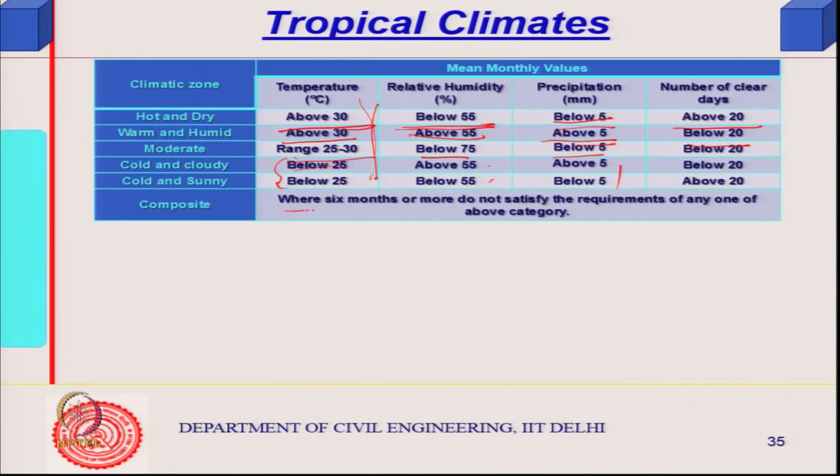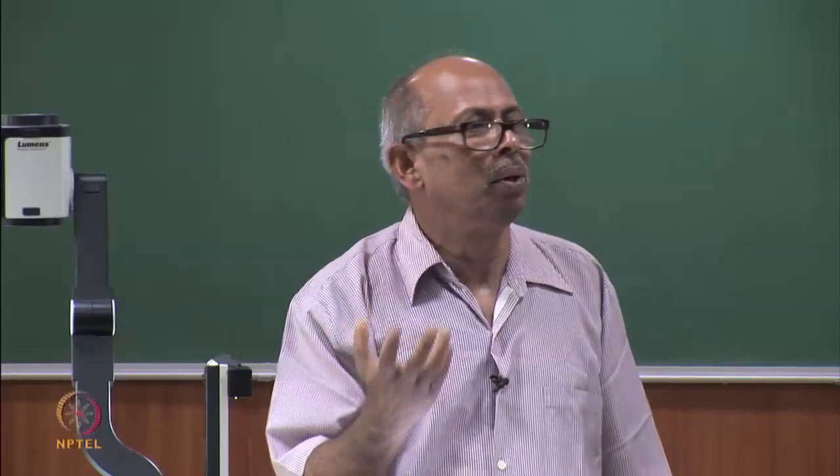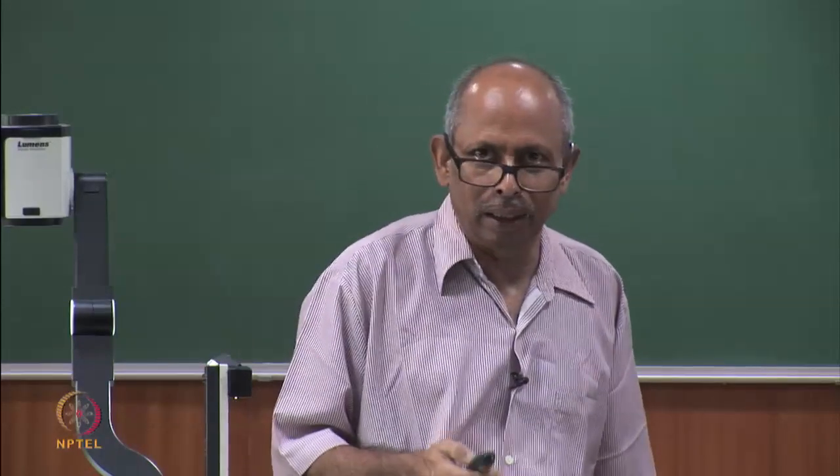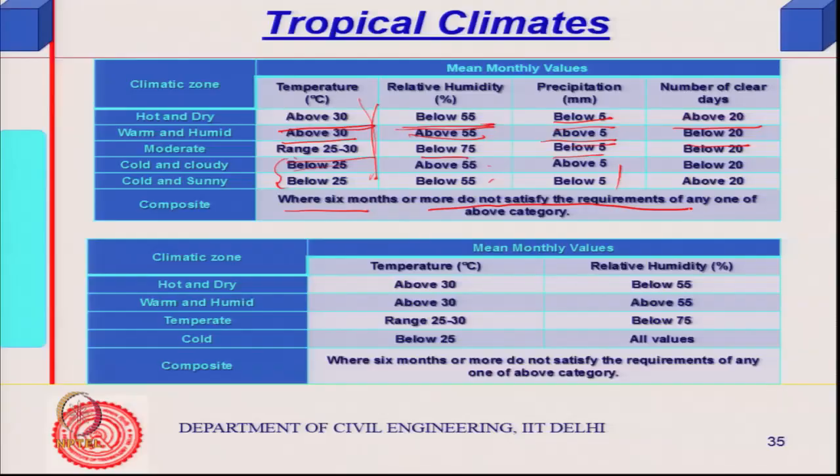If for 6 months or more the requirements of any one of the above categories are not satisfied, you call that composite monsoon. So you can collect the data and find out.